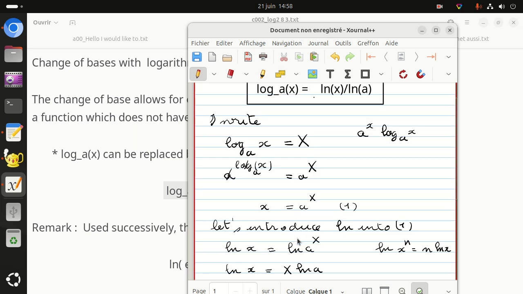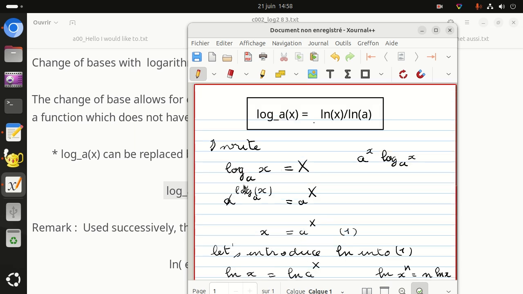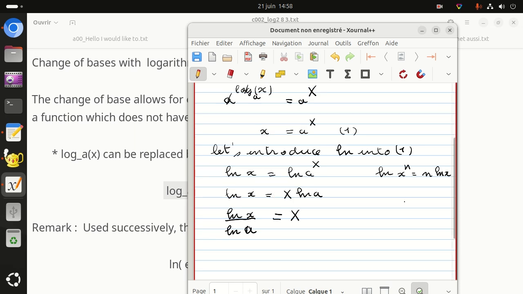What is x? x equal log of x in base a. So I write log of x in base a equal ln of x divided by ln of a.